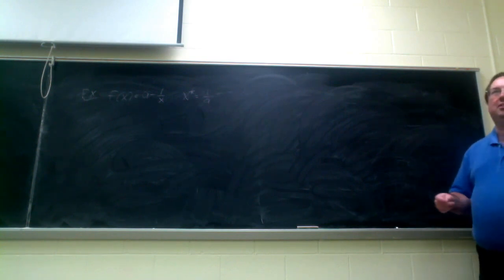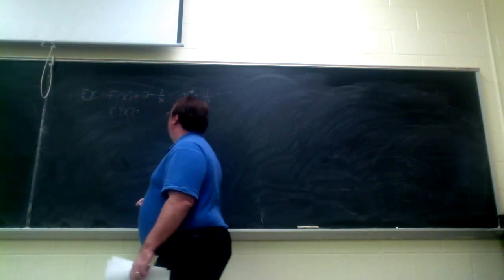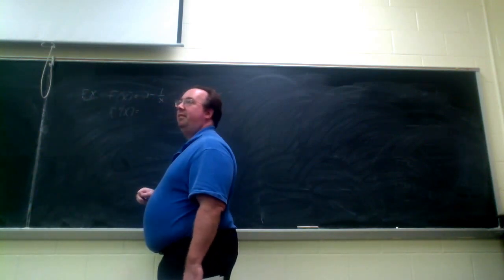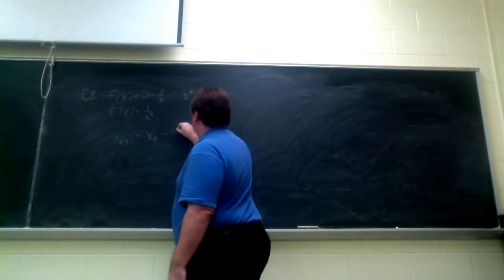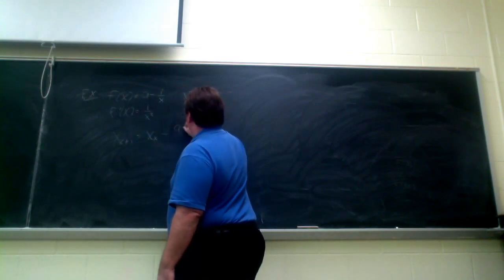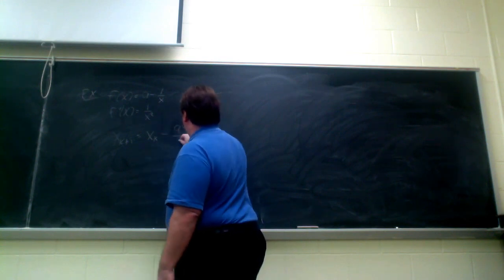Now, it seems like a silly example until we actually try Newton's method on it. What is f prime of x? 1 over x squared. Okay, so now our Newton iteration: xk minus f of xk, so it'd be a minus 1 over xk, over f prime.